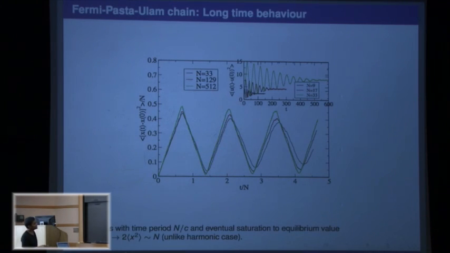For the harmonic chain, it goes to the expected equilibrium saturation value in a different way. Here, unlike the harmonic case, this goes to the expected equilibrium saturation value, which again you can compute from the equilibrium value. This again scales with n.